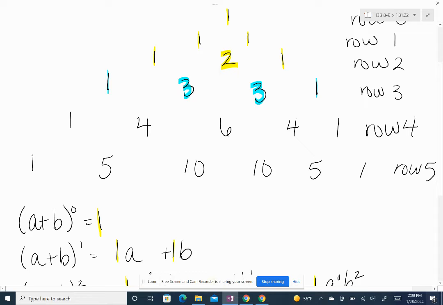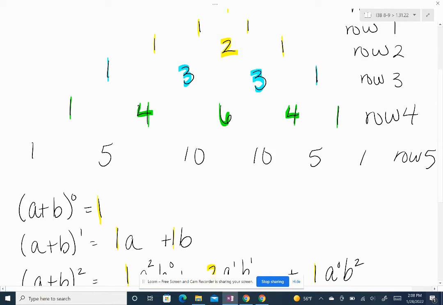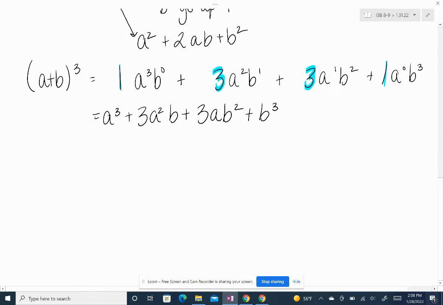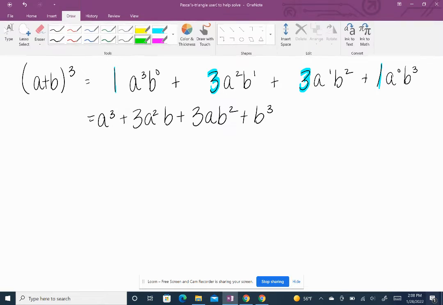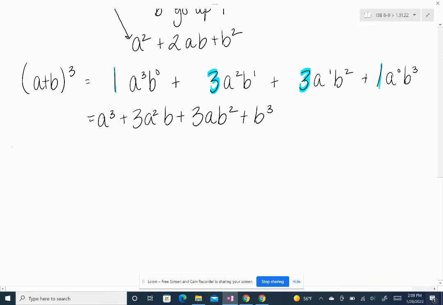Okay, so let's take a look at the next row. 1, 4, 6, 4, 1. Okay. This is the power of 4, so a plus b, power of 4 is equal to, I usually like starting off with this, a's, because then I could count down and then count up with the b's.